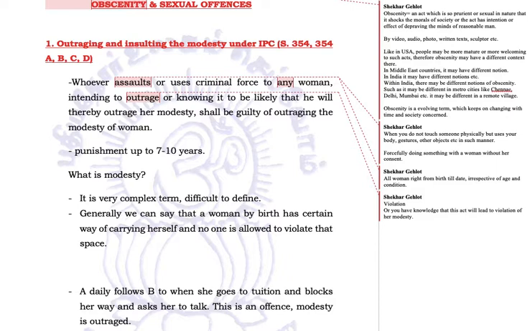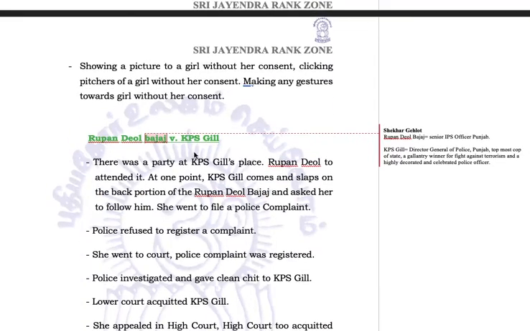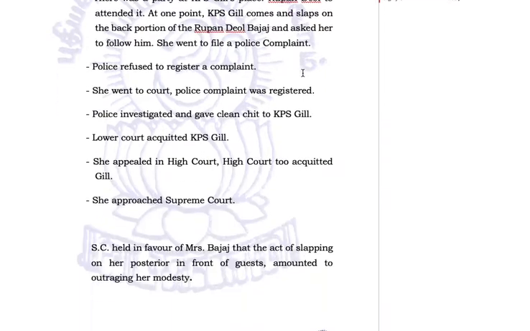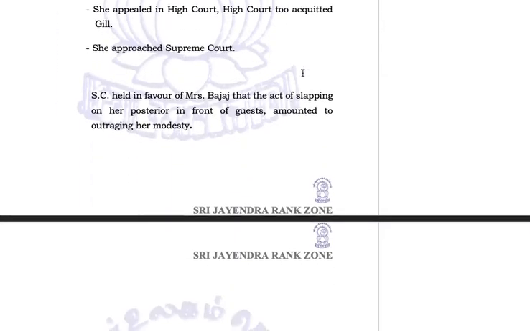It was all the panchayat system or a male-dominated society, so people would usually not believe that someone was violated. So these were the situations. She paved the way for all women, and she showed people that if you violate a woman's modesty, the law is going to take action against you, even if you are the topmost police chief, the biggest police chief of the country. So this is outraging the modesty of women.